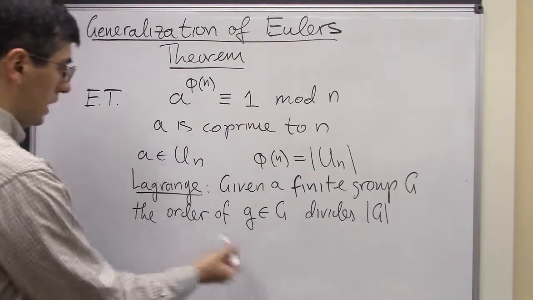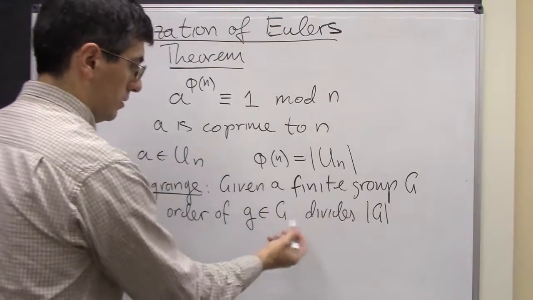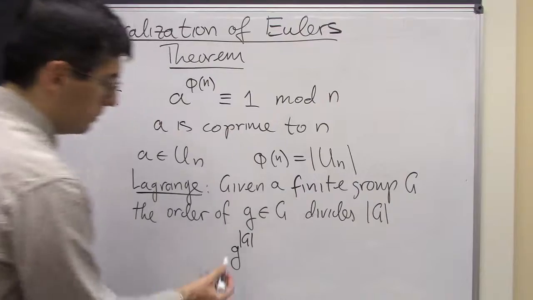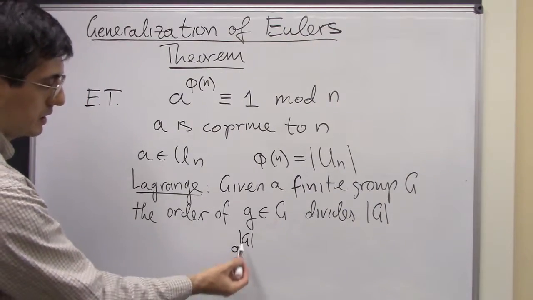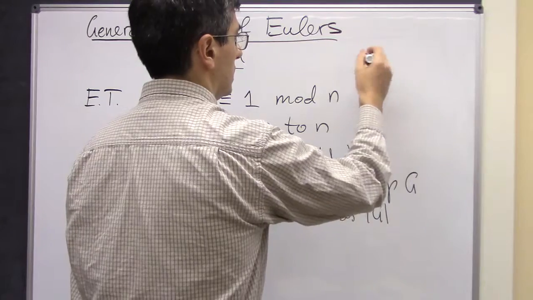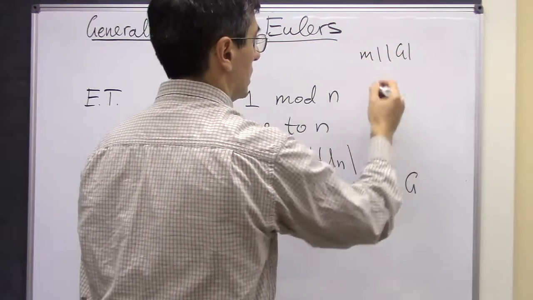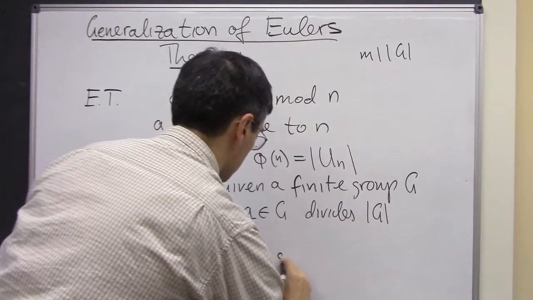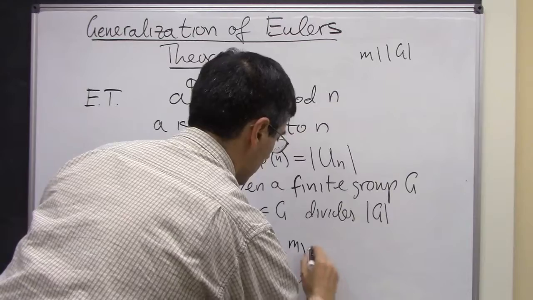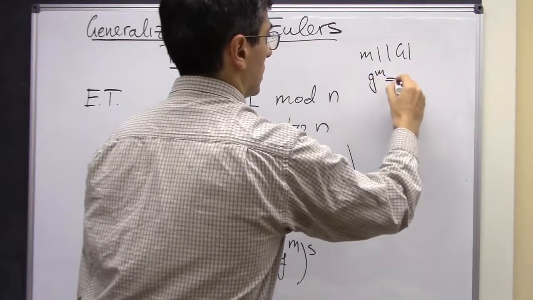So if you take this theorem and consider this power of g, well, suppose the order of g is some m, right? So m divides the order of G. So this means that this is g^m to some power, but g^m is 1.